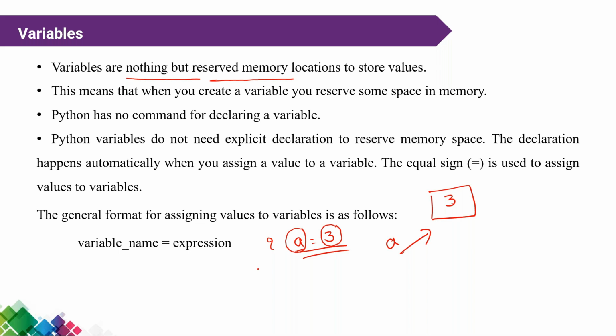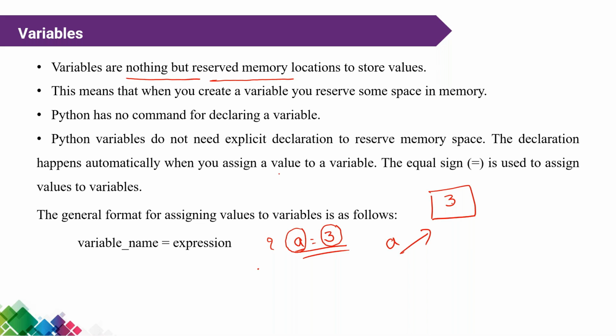If you give 3, 4, the addition is performed between 3 and 4. That means whatever values we provide, the operation is performed according to those values.